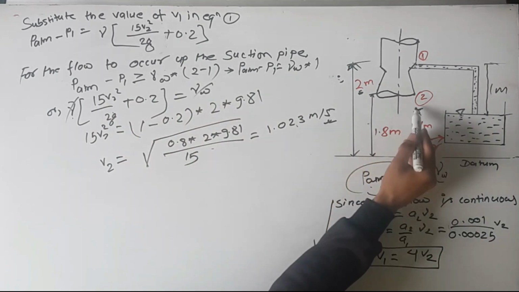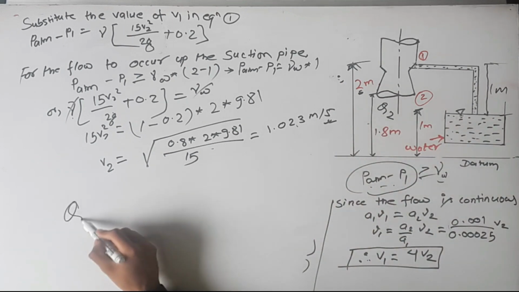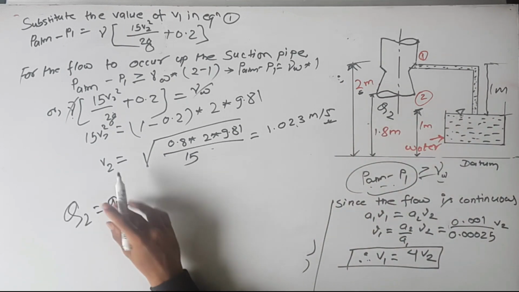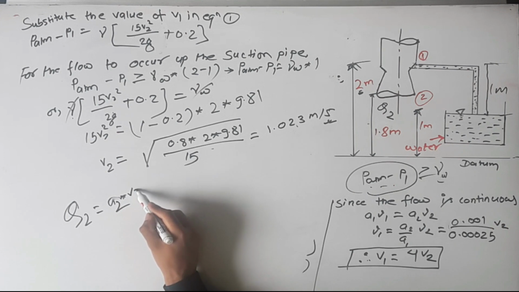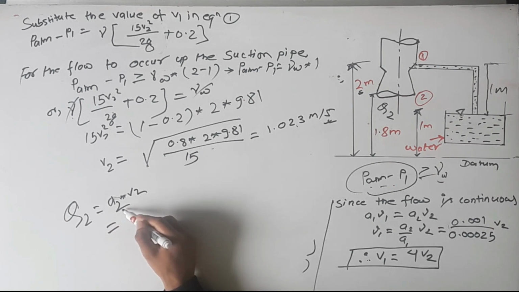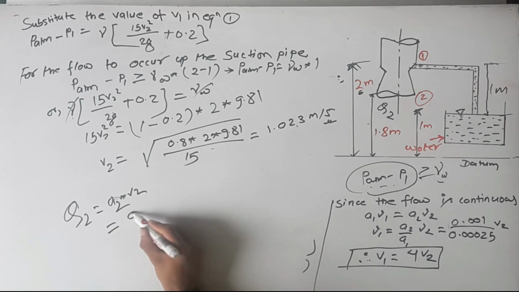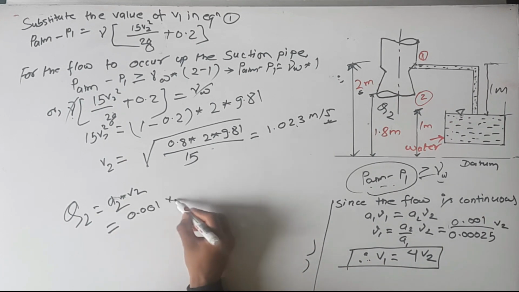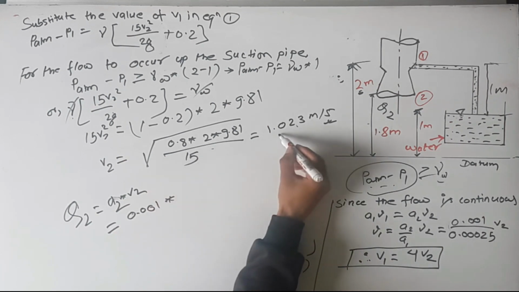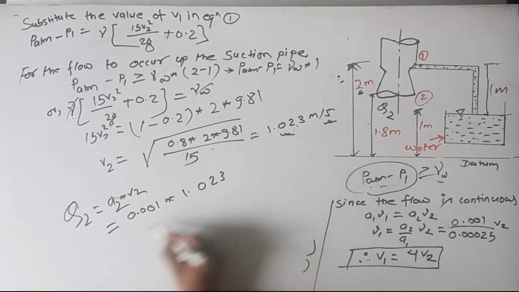Here the discharge is Q2. Q2 equals A2 into V2. A2 is 0.001, as you can see here also, into V2, which we just found, 1.023.